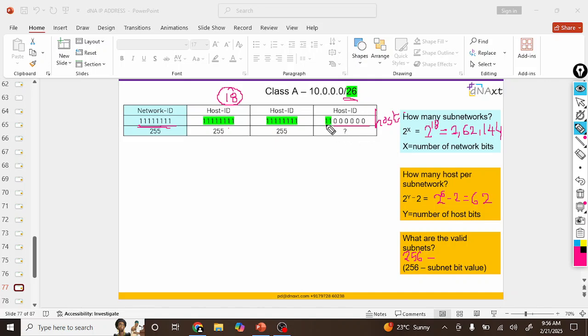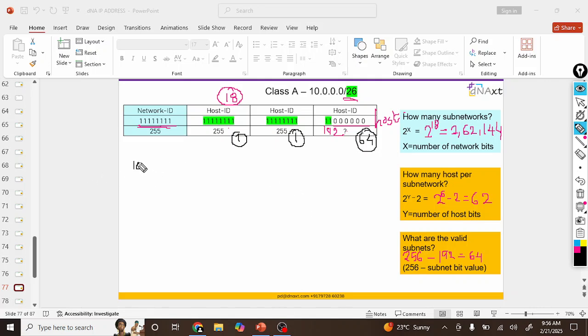First bit value is 128, second is 64, so 128 plus 64 is 192. 256 minus 192 gives an increment of 64 in the fourth octet, increment of 1 in the third octet, and again increment of 1 in the second octet. So let's write down a few of the subnetworks.